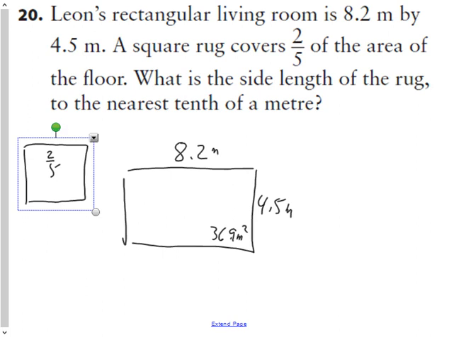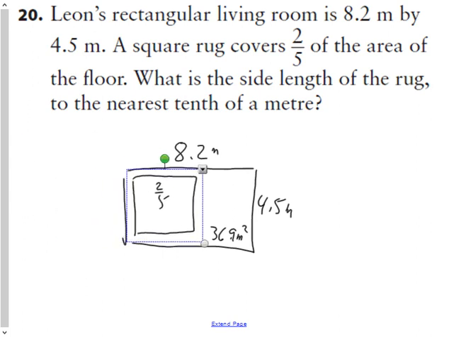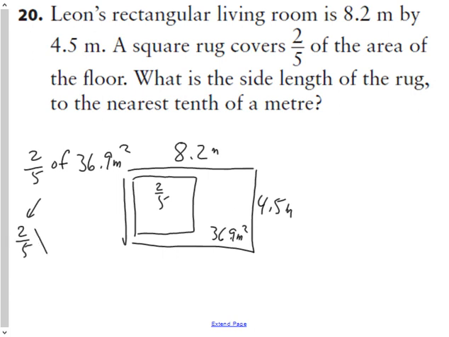If this rug, when I put it in the room, takes up 2/5 of the area, it takes up 2/5 of the 36.9 square meter room. So there's two ways I can do it. I could first do it as a fraction, 2 over 5 of 36.9, and multiply a fraction by a whole number. Or alternatively, think of 2/5 as a decimal, which is 4/10, because 2/5 and 4/10 are equivalent fractions.